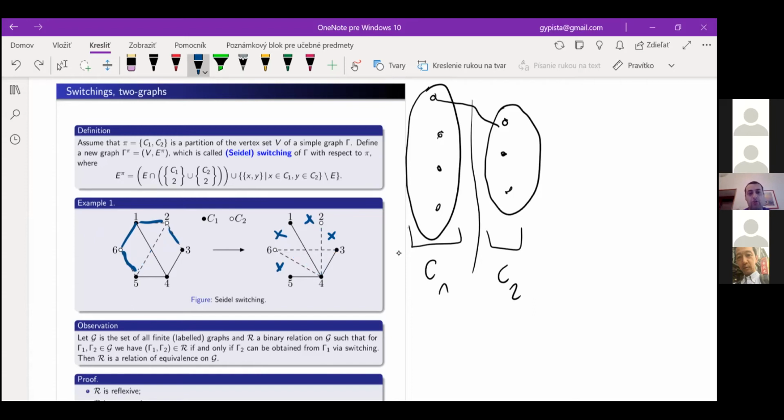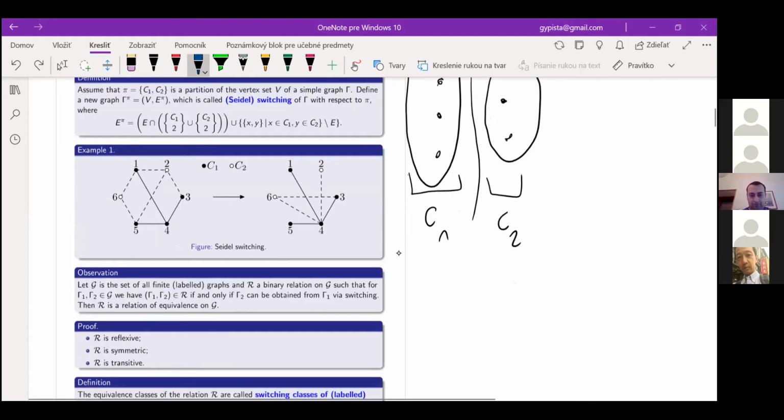So clearly, if you choose different partitions, then you may obtain different graphs. So it is important to ask which are those graphs which can be obtained via switching from a concrete one.